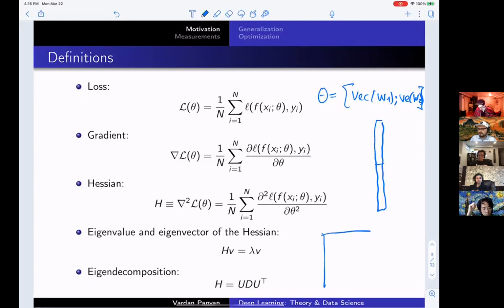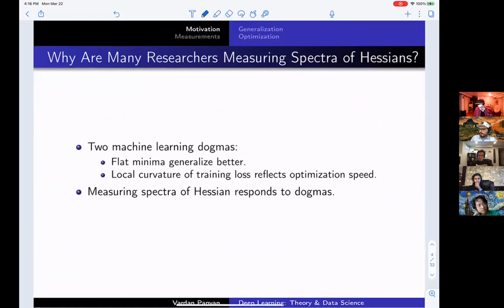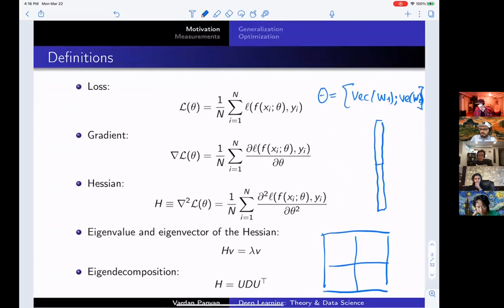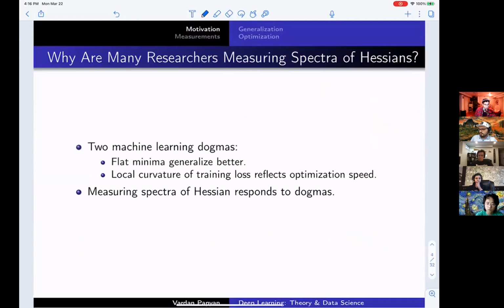So that is going to be some square symmetric matrix, right? And we care about the eigenvalues and the eigenvectors of the Hessian. So we care about the eigendecomposition of the Hessian. Now, we know that the Hessian is a symmetric matrix, therefore all the eigenvalues are real, and that's it. It's not positive definite.